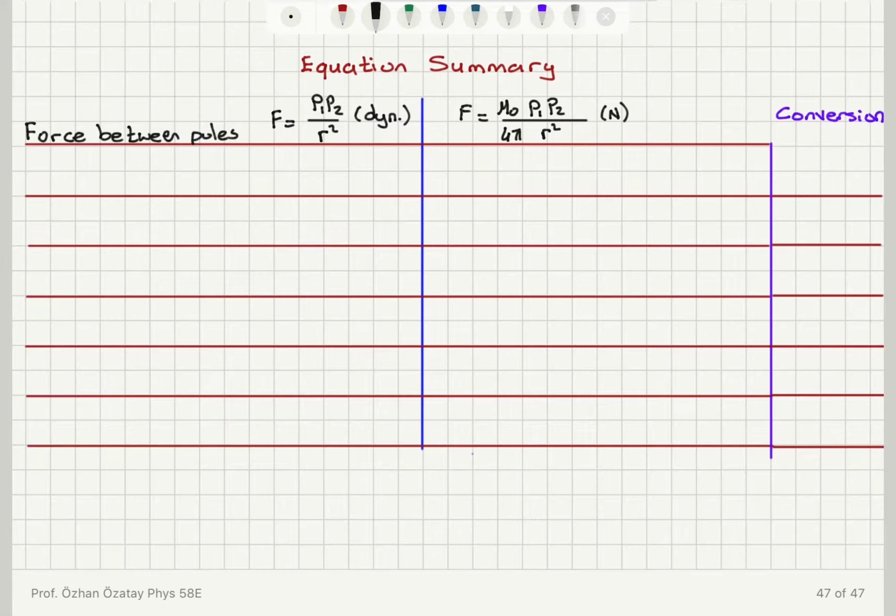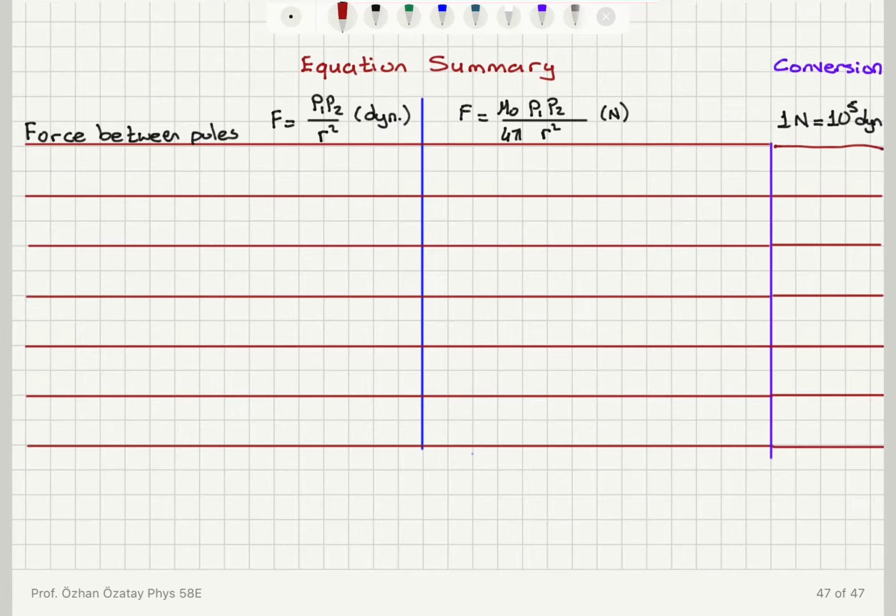And if you want to do a conversion between forces, the conversion factor between a newton and a dyne is: 1 newton is 10 to the 5 dynes. So that's the conversion between these two.